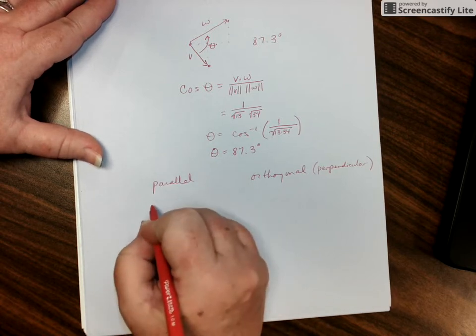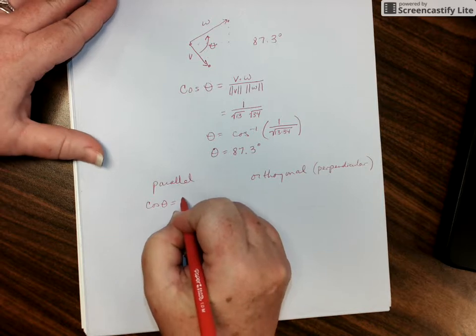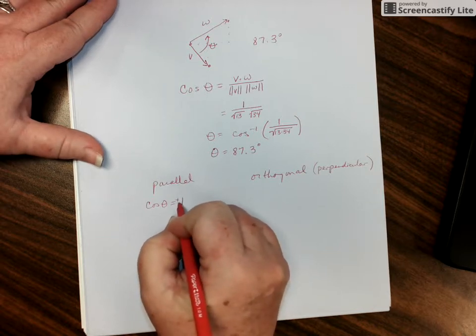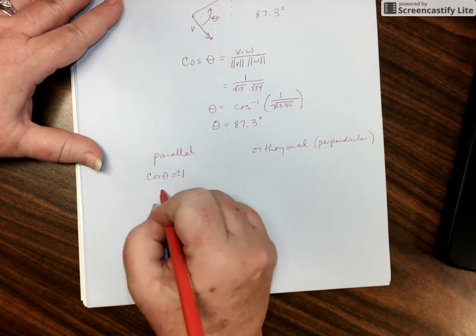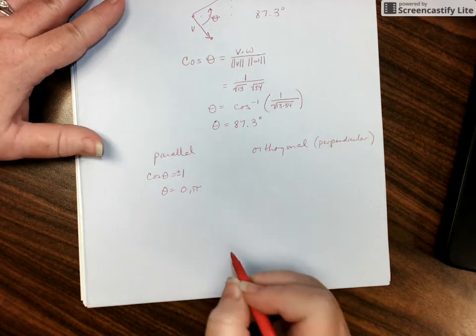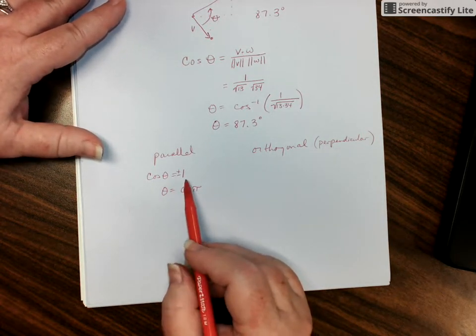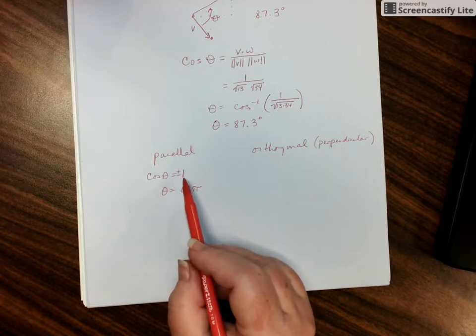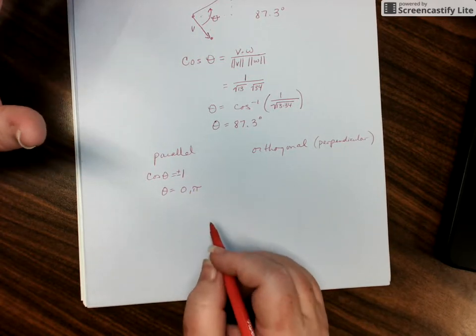So first of all, I want you to remember that the cosine of theta equals 1 or negative 1. So that's positive or negative 1 at what angles? That means that theta at 0 and pi would give an angle between two vectors of 0 or 180 degrees.